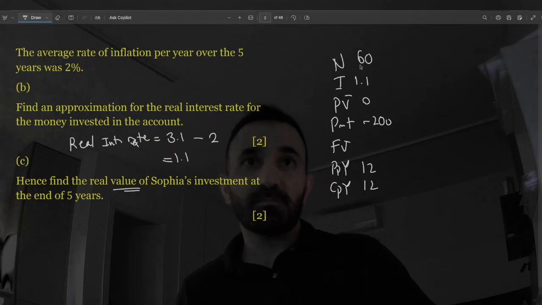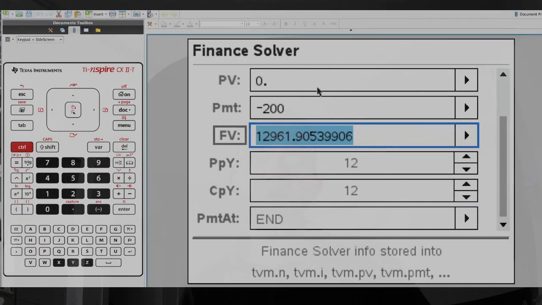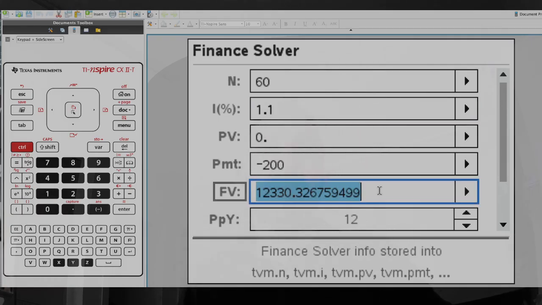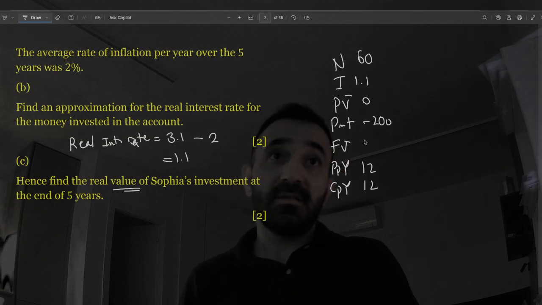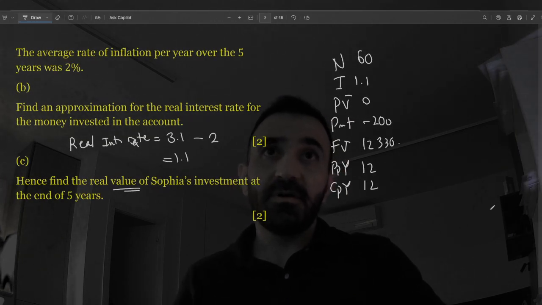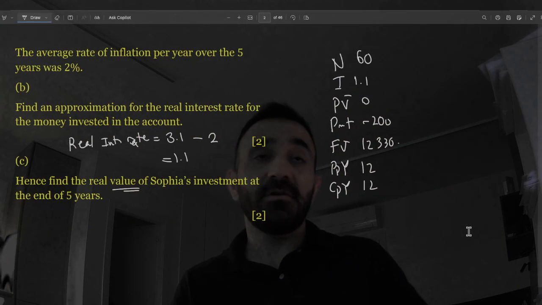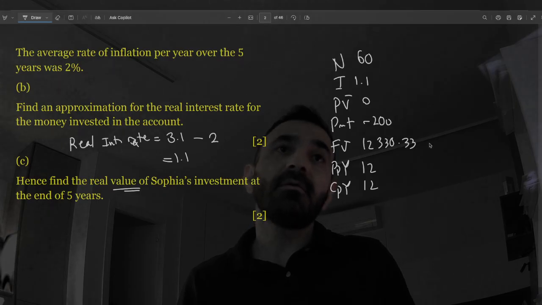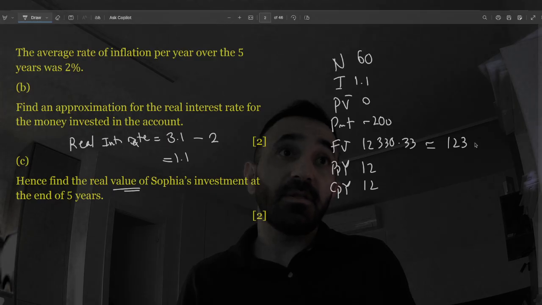So here, instead of 3.1, I'm going to put 1.1. If you press enter here, you get 12,330.37. If you want it in three significant figures, $12,300.